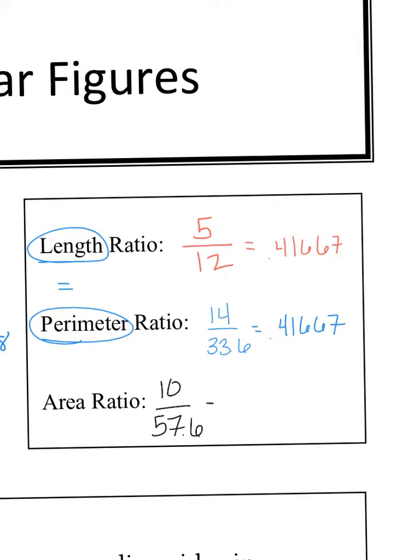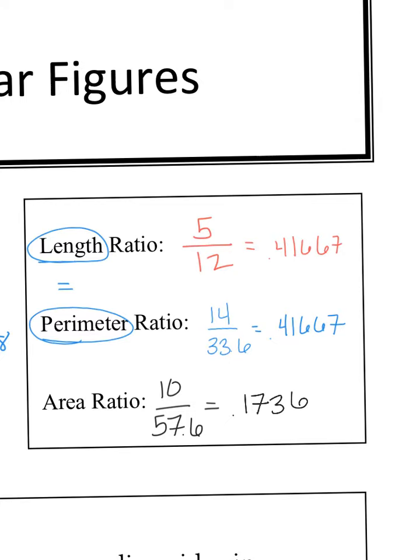Now let's do that on our calculators. We're going to do 10 divided by 57.6. We get some crazy numbers here, but that's okay. 0.1736.